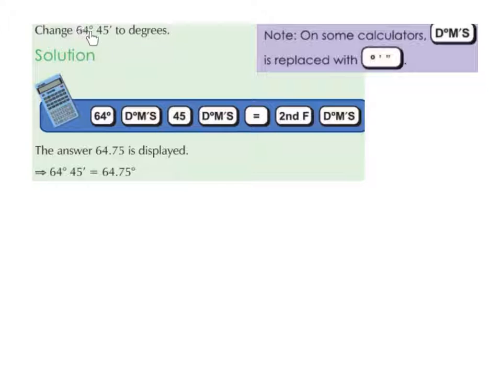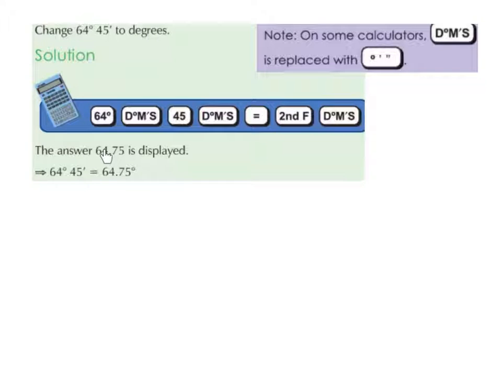Change 64 degrees and 45 minutes to degrees. So we key into the calculator 64, press our DMS button or this button, depending on which calculator you're using. Then 45 and our degree button again, and equals, second function and our degree button again, or this one, depending on which one you're using.